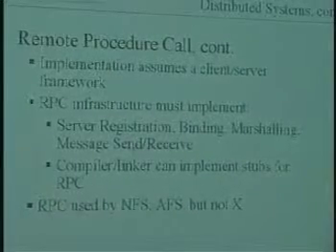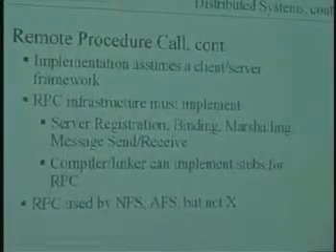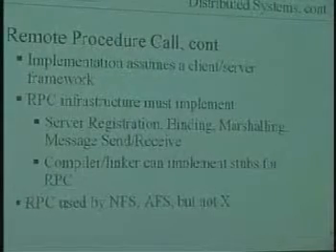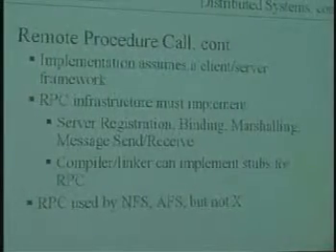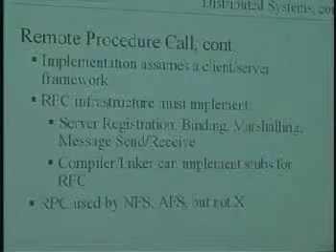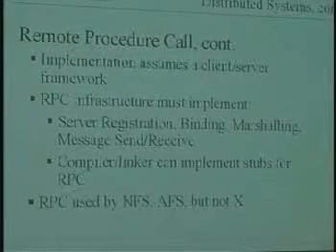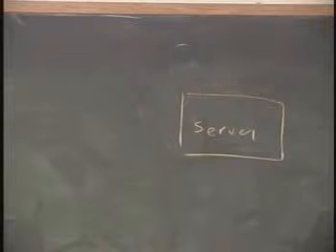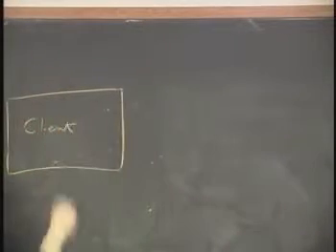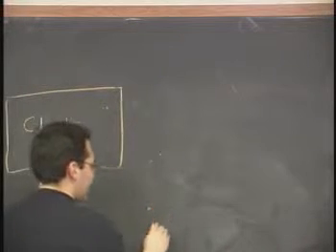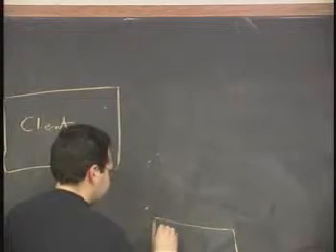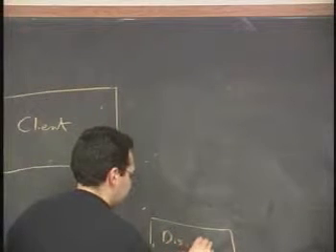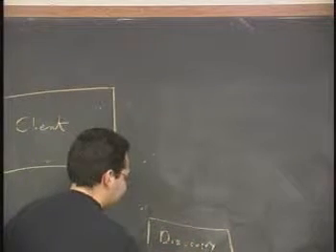So one of the assumptions that RPC makes is a client-server type of framework, and the RPC infrastructure has to implement a bunch of different pieces. So let's see what that actually looks like. On one side here you have a server. On one side you have a client. And then you typically have some kind of discovery server somewhere out here.